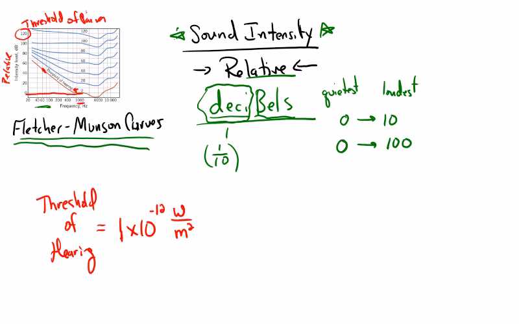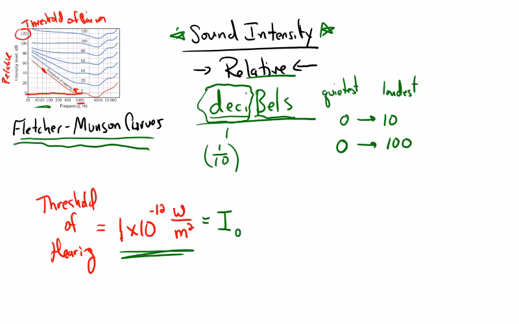So that's a pretty small number, but this is what we actually find that people need. To find a relative intensity, typically we use this number, which is sometimes referred to as I0. This is kind of the lowest intensity.